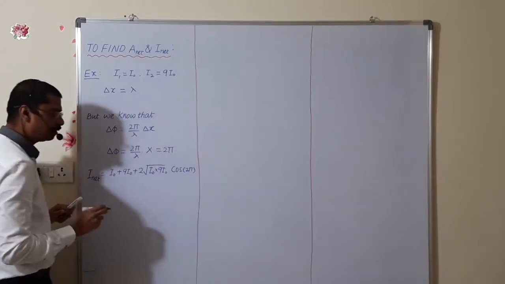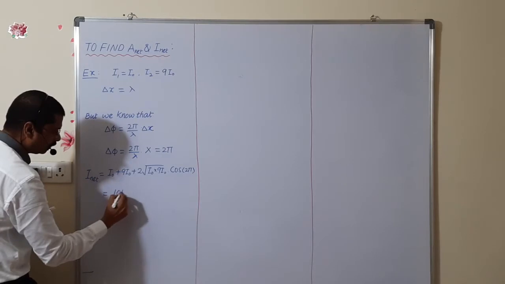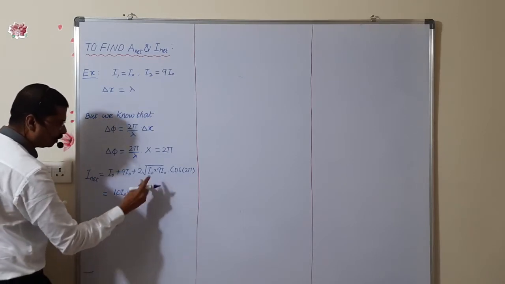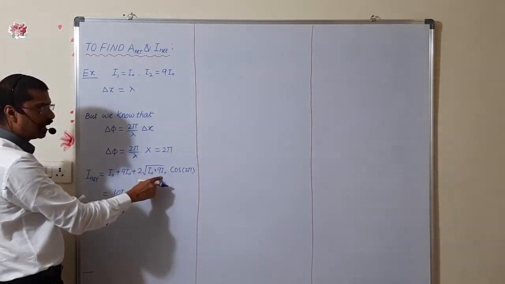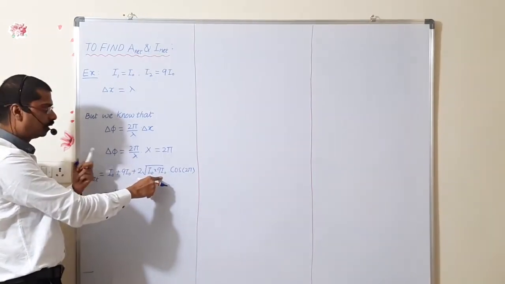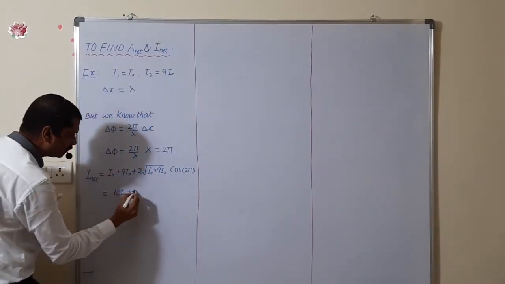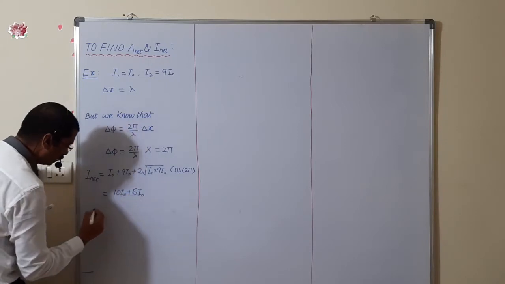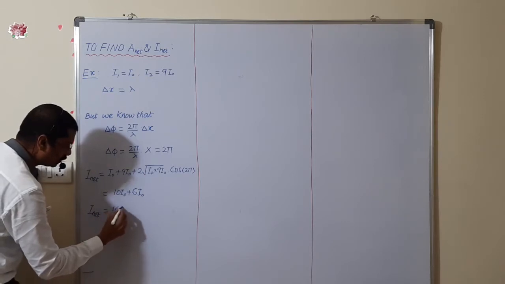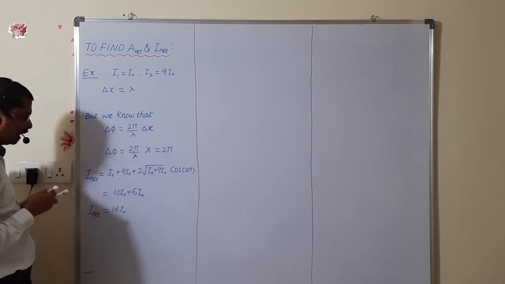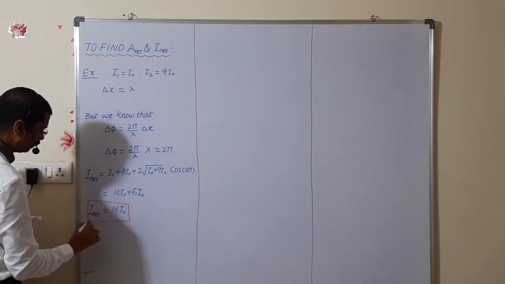The cos 2 pi value is 1, and we can write this as 10 I0 plus 2 into I0, the square root cancelled, root 9 comes, which is 3, into 2, 6 I0. Then I net is equal to 16 I0. This is the I net value we got by using path difference.